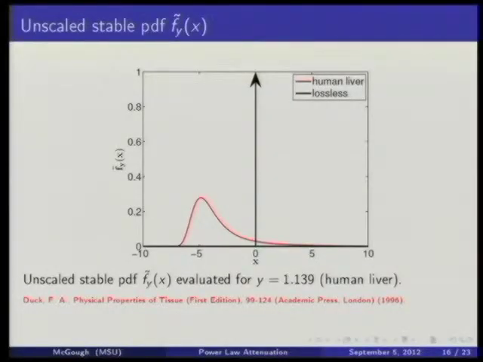So to give you an idea what a stable PDF looks like, I plugged in the value for the power law exponent obtained from the Physical Properties of Tissue book by Francis Duck. Took the value of 1.139 for human liver, evaluated this PDF.